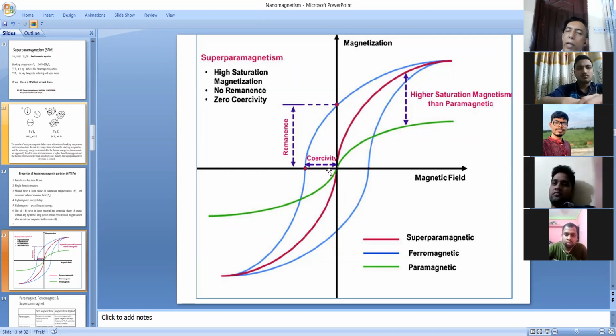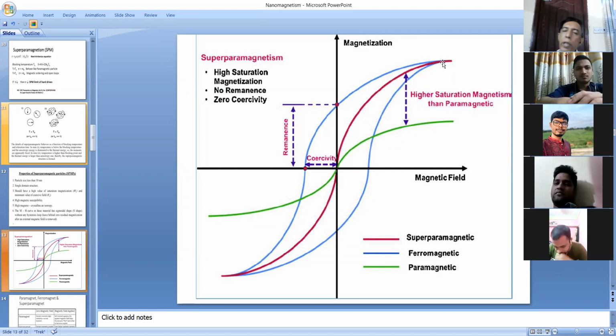You first magnetize your material. So the magnetization will be like that. Here comes the saturation point, and after that, there will be no change of magnetization because saturation comes here. Saturation means all the magnetic moments will be in the same direction.